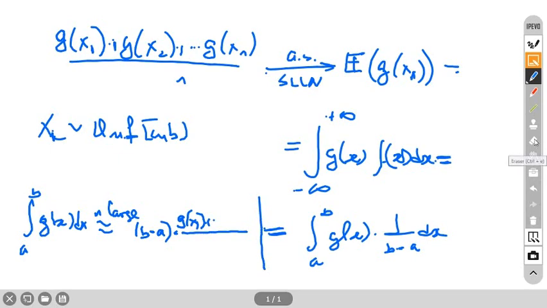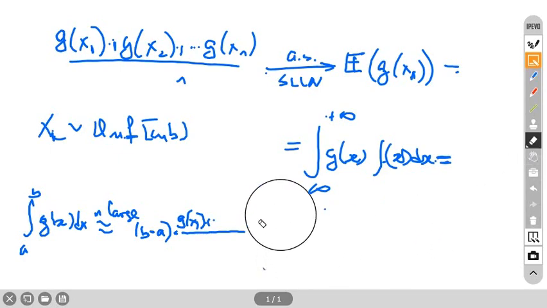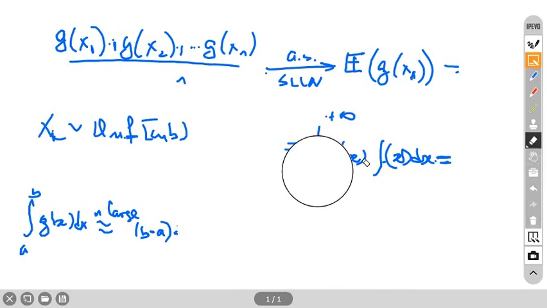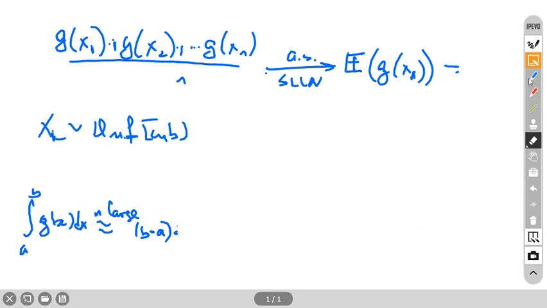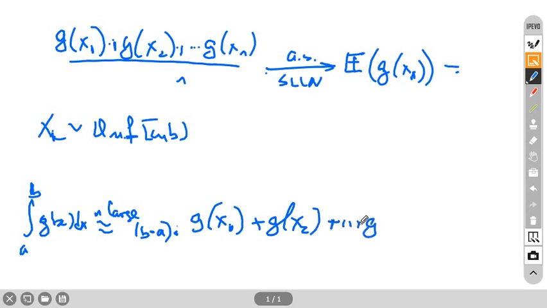Let me erase maybe this part. So this integral is almost equal to b minus a times this.